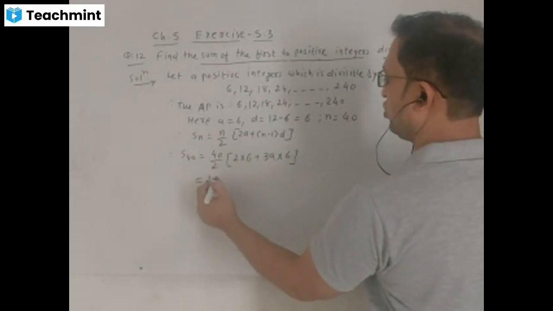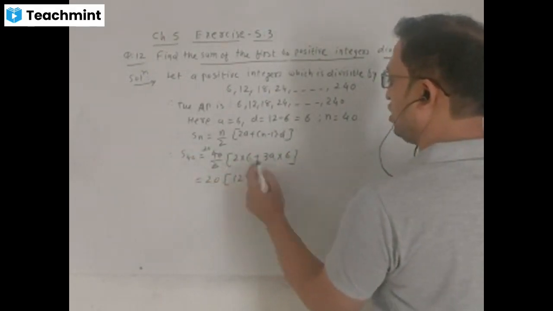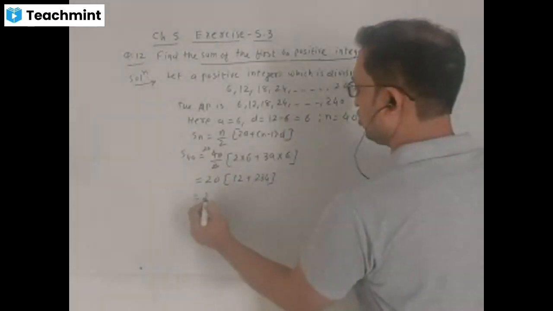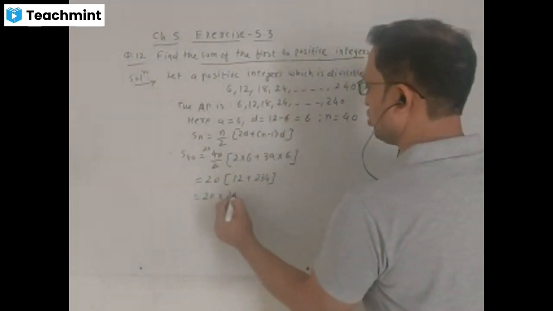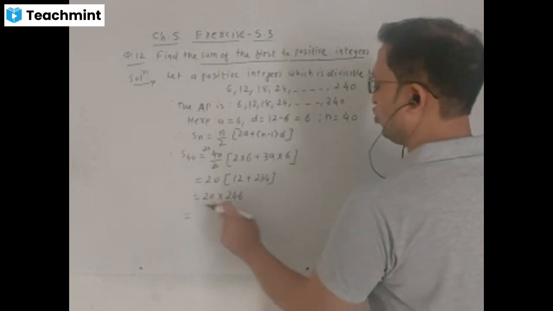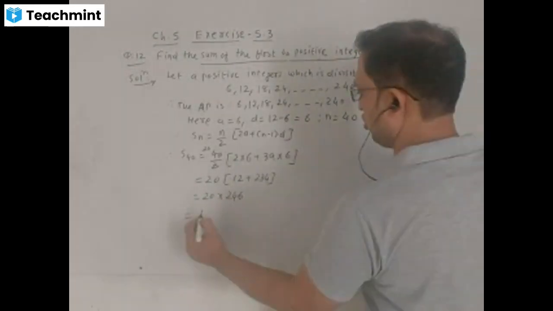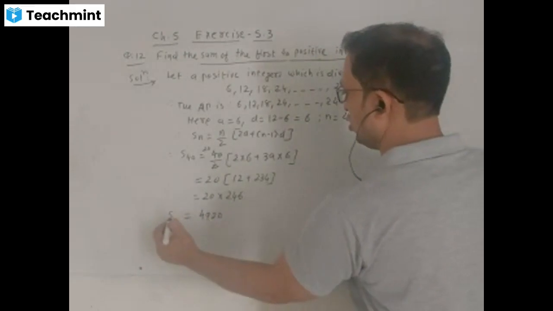And 40 by 2 is equal to 20. 6 twos are 12. 39 sixes are 234. And 234 plus 12, that is 246. And 246 into 2 is 492. And 0, that is equal to 4920.